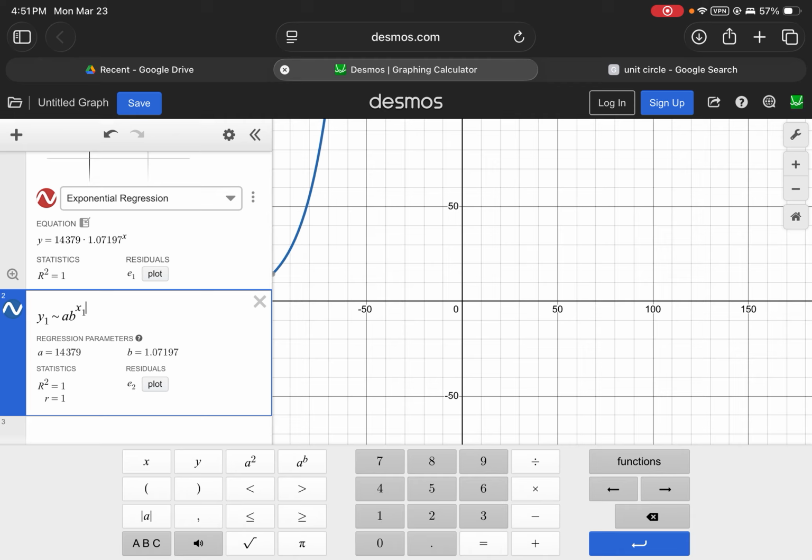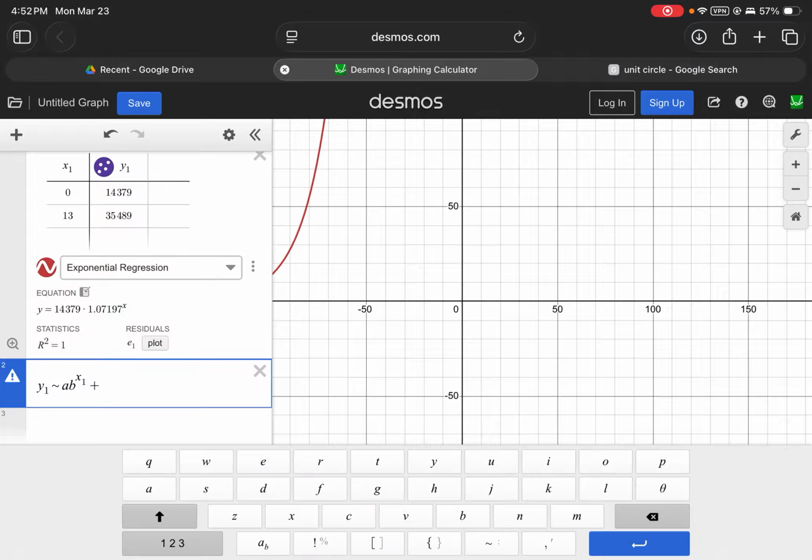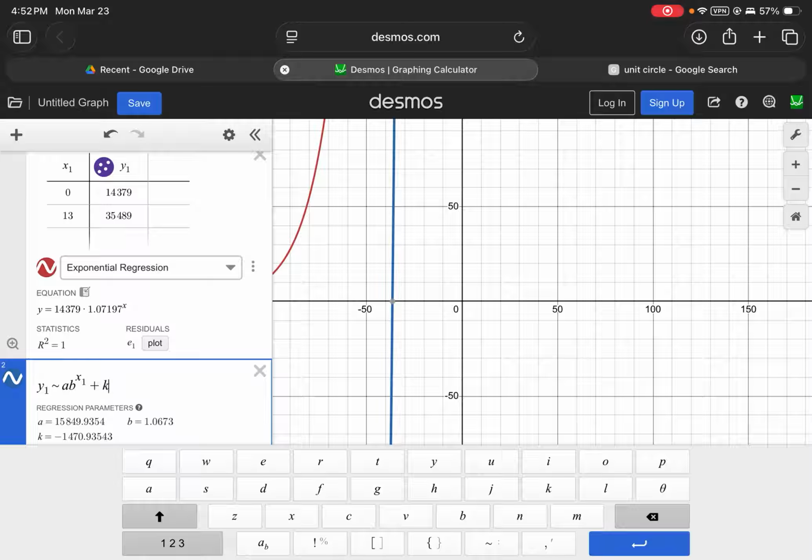This second method will always work no matter what the type of function. This drop-down menu only works if it's a perfect regression. If it had a k, for example, let's say it had a plus k, I would have had to type k. I would have had to type this. So just be careful with that. Because this is perfect, I can just use the drop down though.